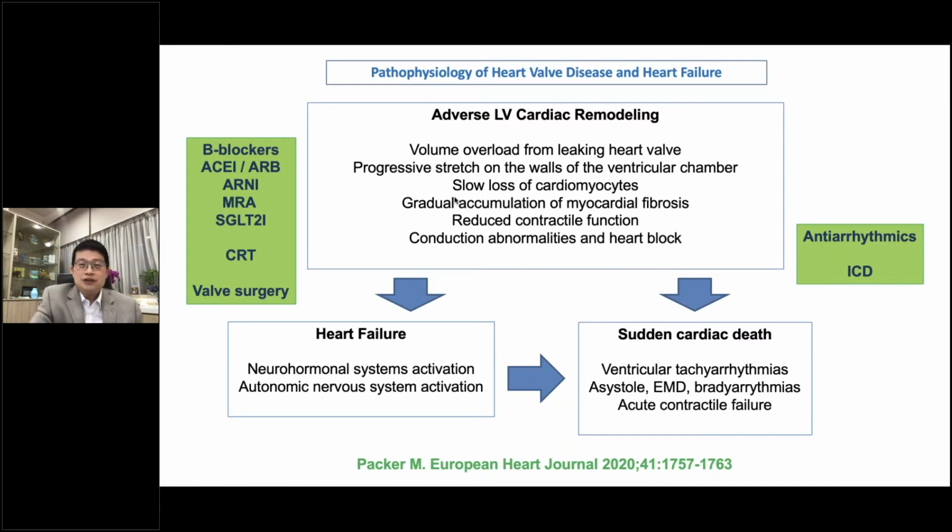But in this condition, because the primary pathology is that of the heart failure, it is important to optimize them first on the heart failure medications. So they optimize their beta blockers, their ACE inhibitors, their angiotensin receptor neprilysin inhibitors, the MRAs, and the SGLT2, and to optimize them for at least 3 months, to watch for a response.